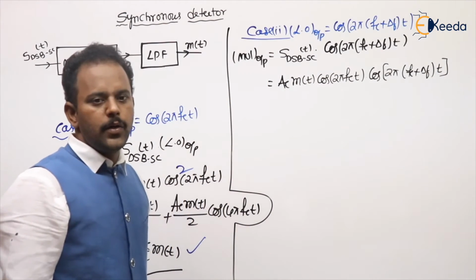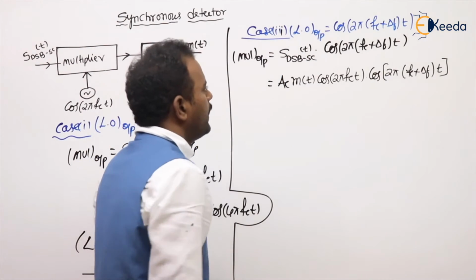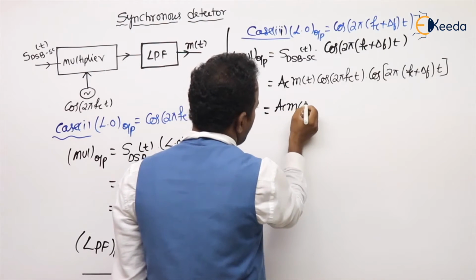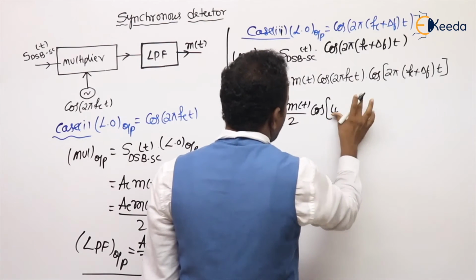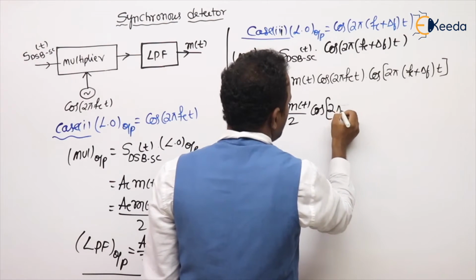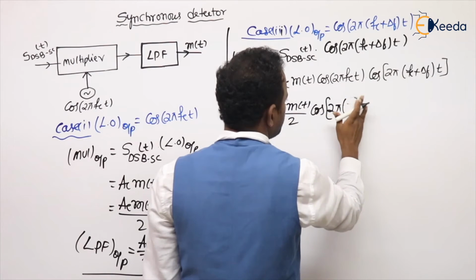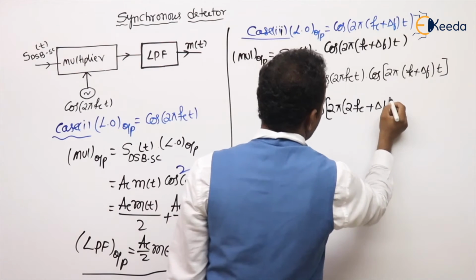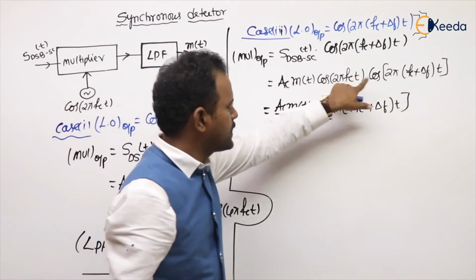It's a cos A into cos B formula. So A_c m(t)/2 into cos(A+B): adding these two, f_c plus f_c is 2f_c, so cos 2π(2f_c + Δf)t. A plus B, this and this I added.